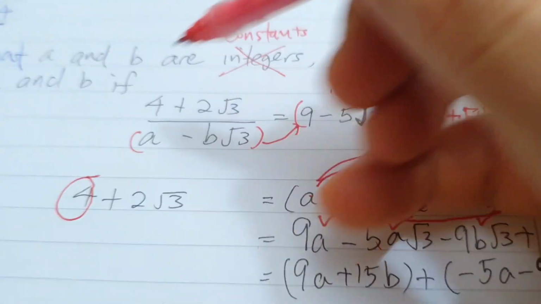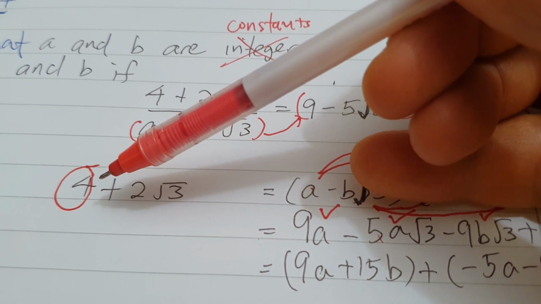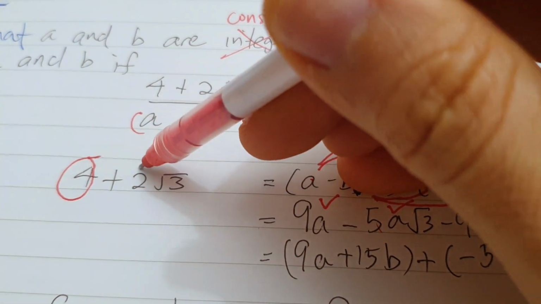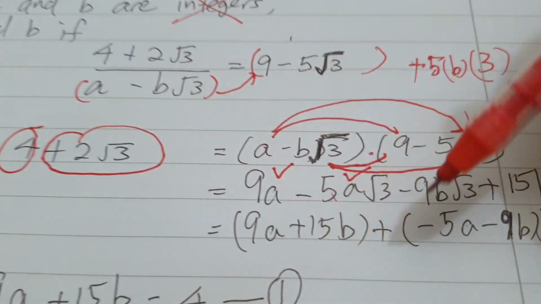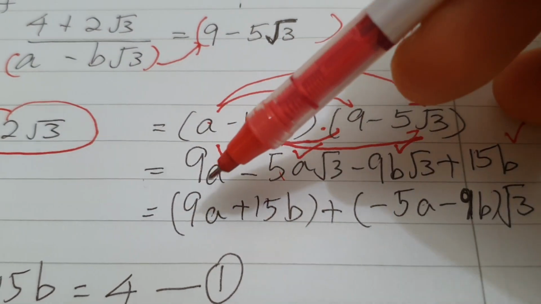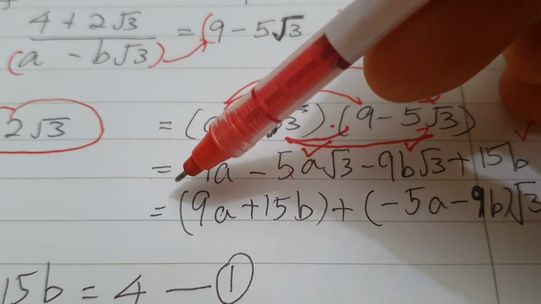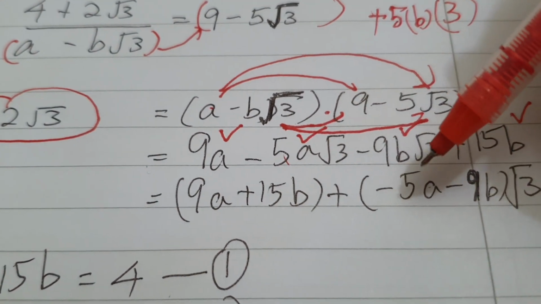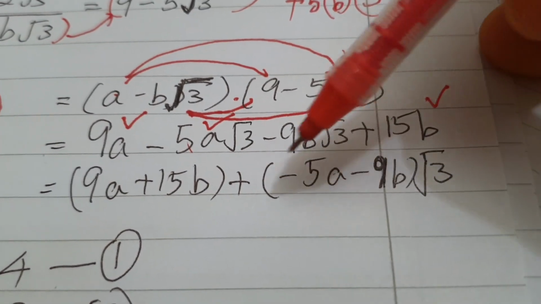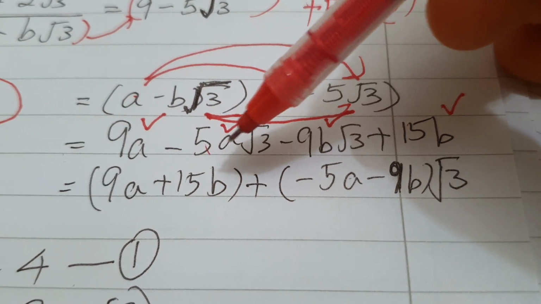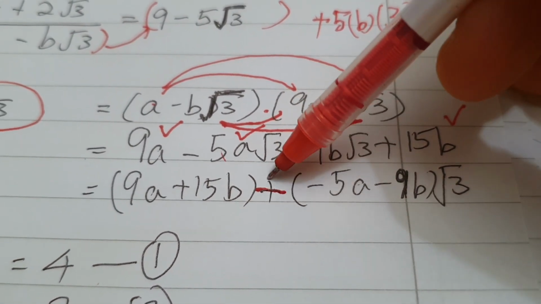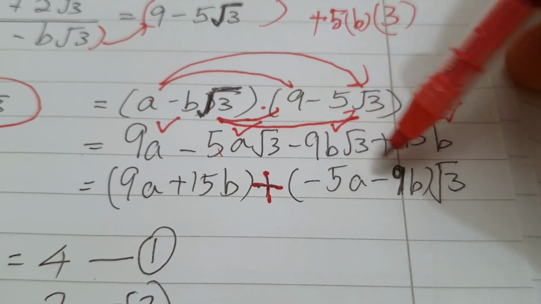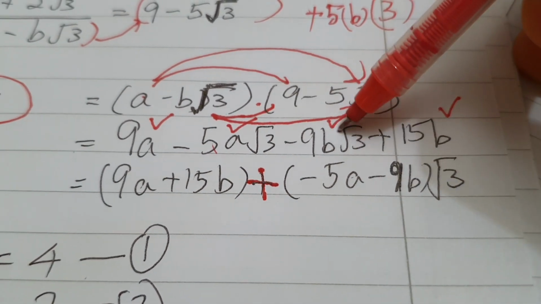I noticed that there is a constant term here, meaning a number without any surd, and there is another number here with surd. So I group the right hand side into all purely numbers without surd, and I put a bracket, and on the other group I put all the terms with surd. Minus 5a I put inside the bracket, this is always plus, and minus 9b I put inside the bracket because this is a surd.